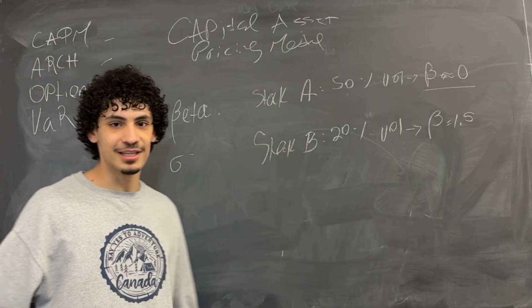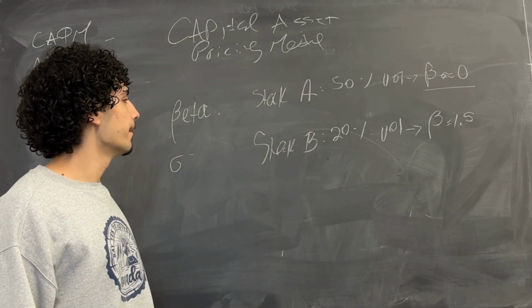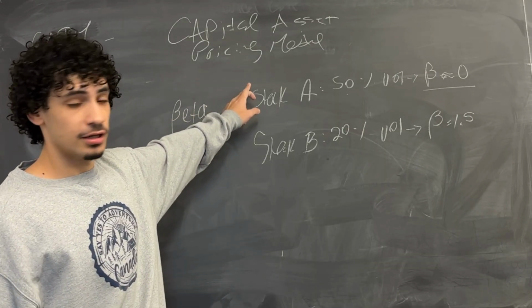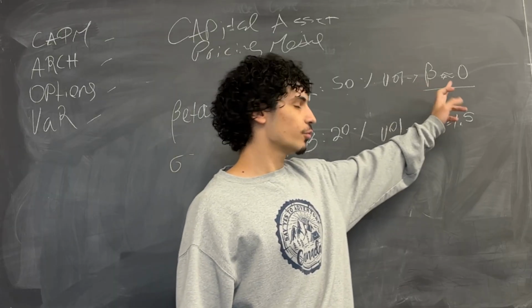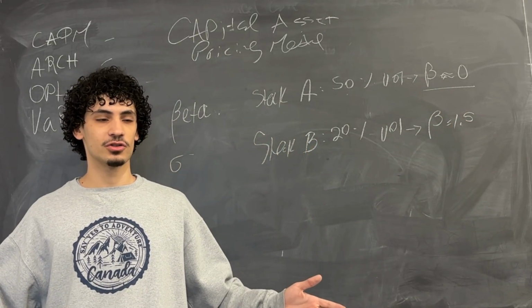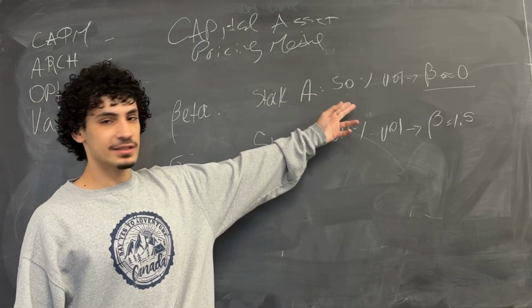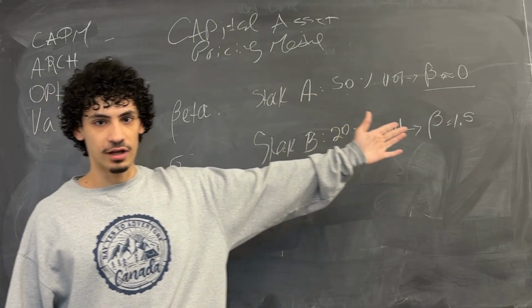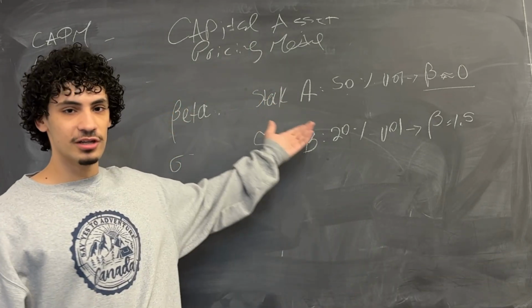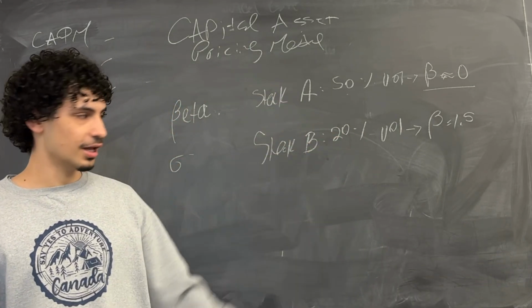That's basically what it is. Stock A, because it has a beta of 0, is uncorrelated to the market. So this stock by itself, although it's 50% volatile, if the market increases 10%, this is just going to do its own thing. It's kind of stubborn in that aspect.